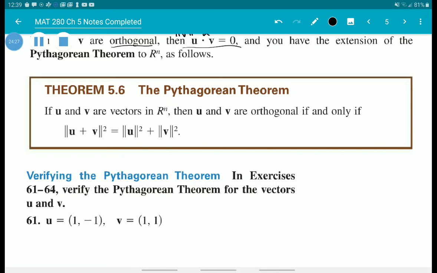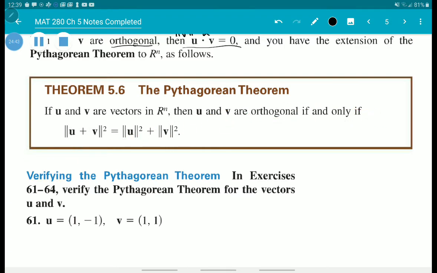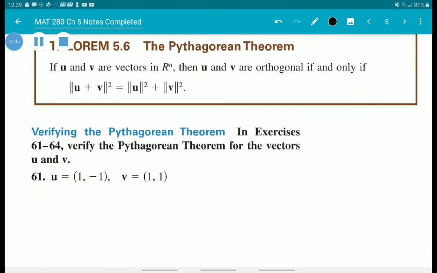Now this only works for two vectors that are orthogonal. So notice that. Now that also, if and only if, means it works forwards and backwards, right? So if this holds, then you also know it's orthogonal. So that's another way you could check for orthogonality. That's much harder than checking the dot product, though.